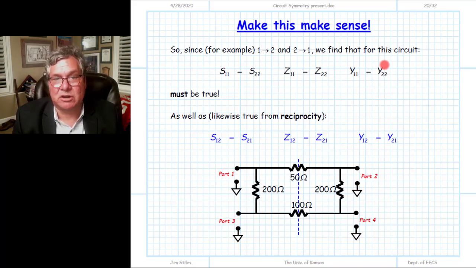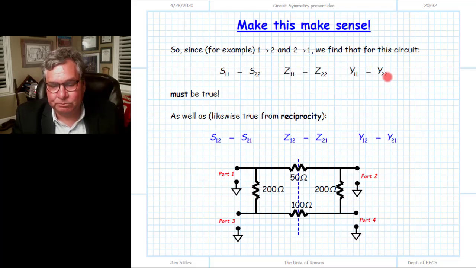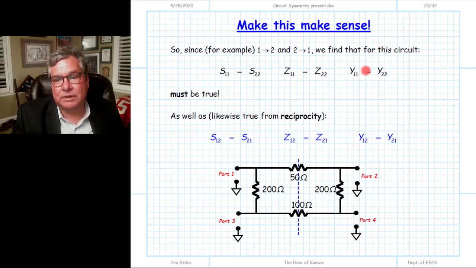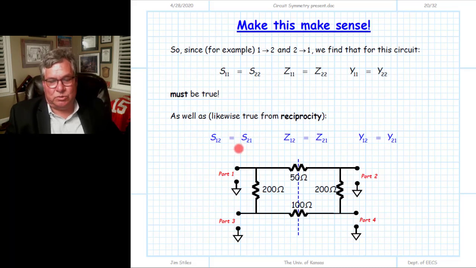This is a symmetry argument that we have. Likewise for Z11 and Z22, or Y11 and Y22. Also, due to symmetry, because 1 goes to 2 and 2 goes to 1, we could take the scattering parameter S12, and by symmetry arguments, we could say for this D1 symmetry that S12 must be equal to S21.